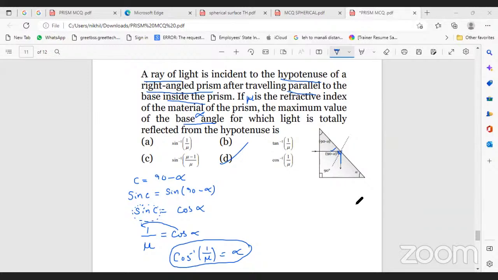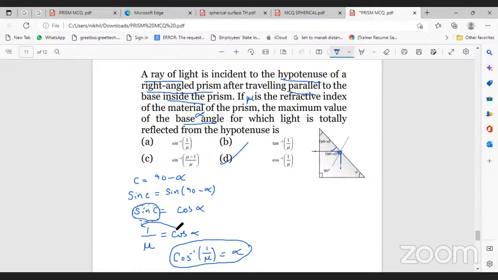So if I shift that cos to the LHS, from where you did not get the steps? So from that, 1 by refractive index is equal to cos alpha. You know that sin C is equal to the reciprocal of refractive index, no? So 1 by mu is equal to what? Cos alpha.